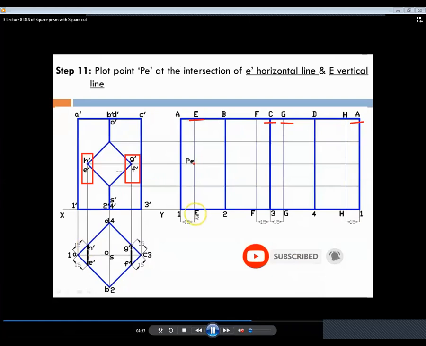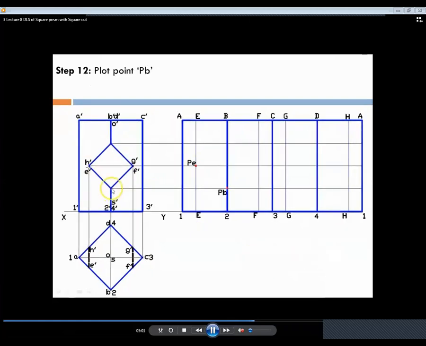Now suppose you want to mark point E, so take projections from the E dash point to the capital E line. So the point is PE. Now this point will be on B because this line is cut on the B line of the square prism. This point you will get PB.